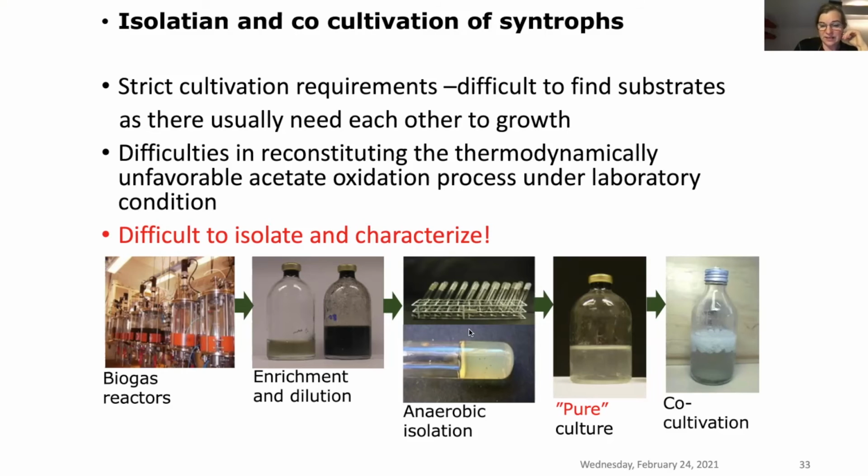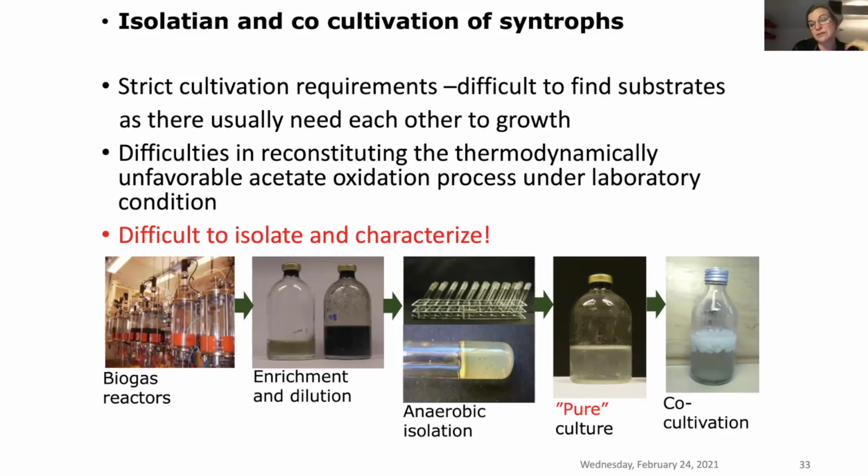And when you are lucky and you found a substrate where only the acetate oxidizing bacteria can grow, then you get these small, tiny colonies. But this is a lot of luck, to be honest. And then you might be lucky to have a pure culture of these acetate oxidizing bacteria. Then you also have to have a pure culture of a methanogen, which you have isolated before.